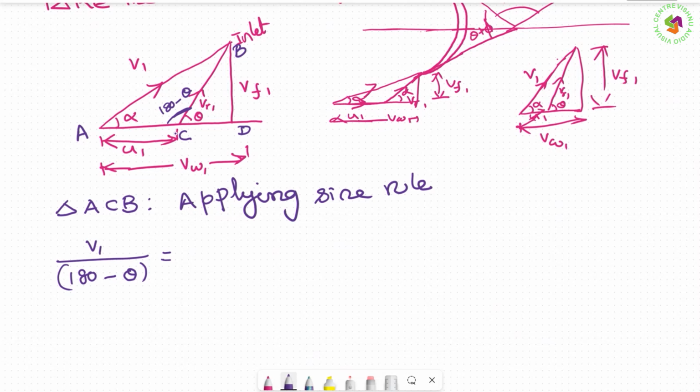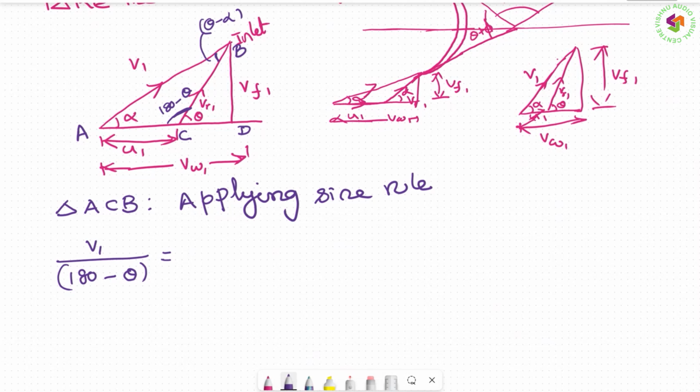If I take this opposite to this, this is 180 minus theta, this is alpha, then all three should add up to 180 degrees. So if I want to calculate this angle, it will actually be theta minus alpha. Am I right? This is how it will go.